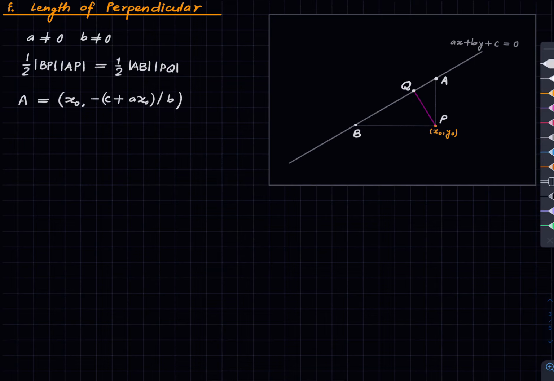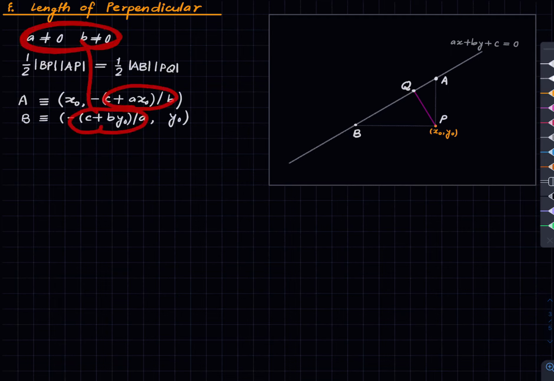And the coordinates of B, by similar reasoning, are these. Note that these are meaningful quantities because of our assumption that both a and b are non-zero.